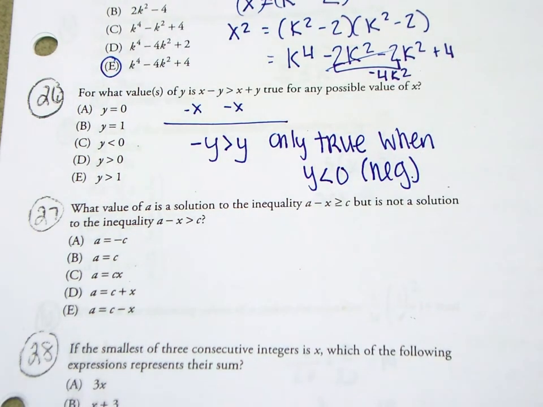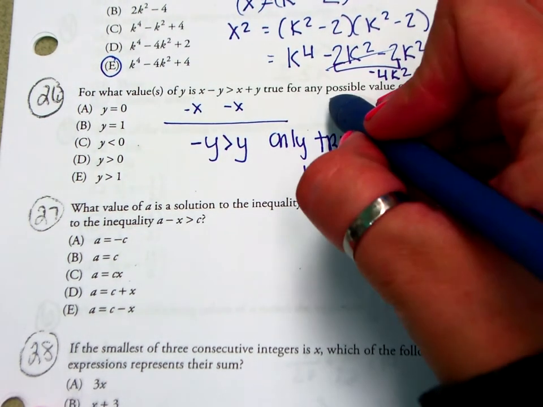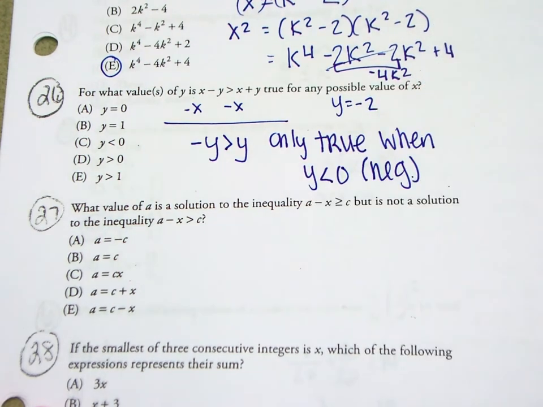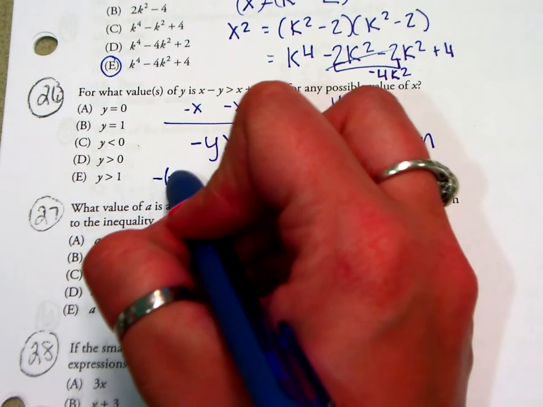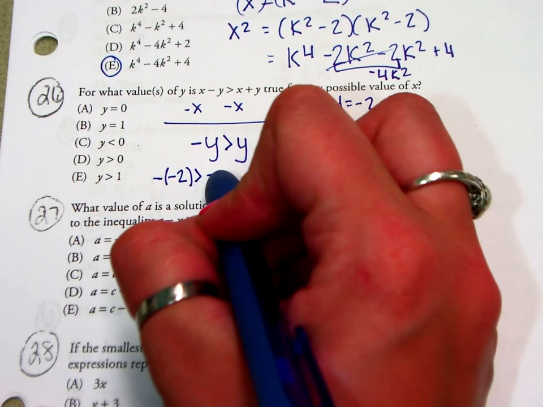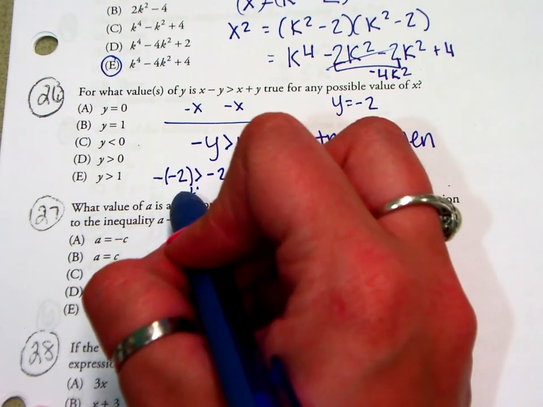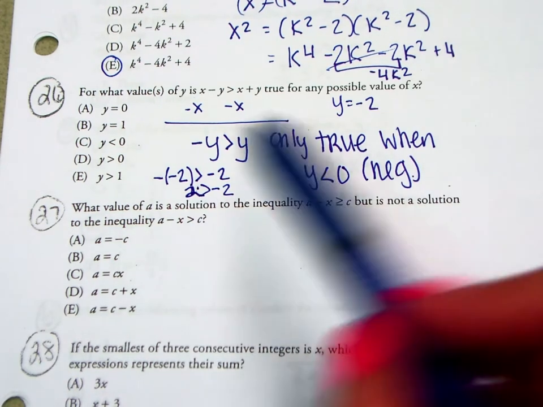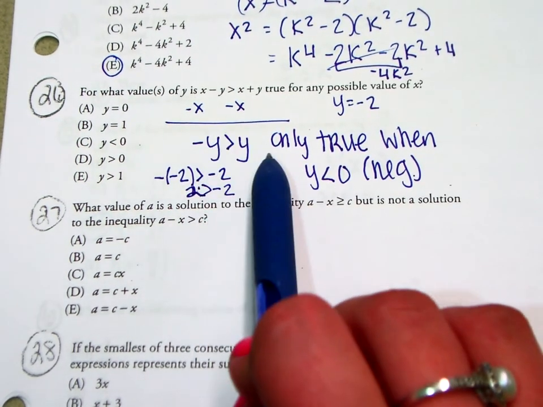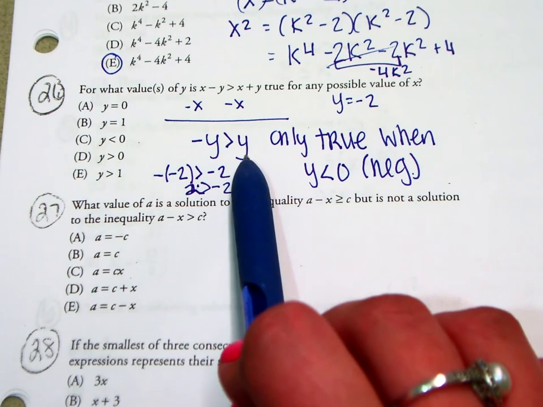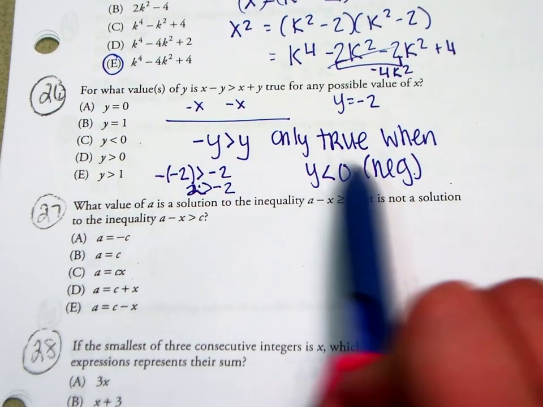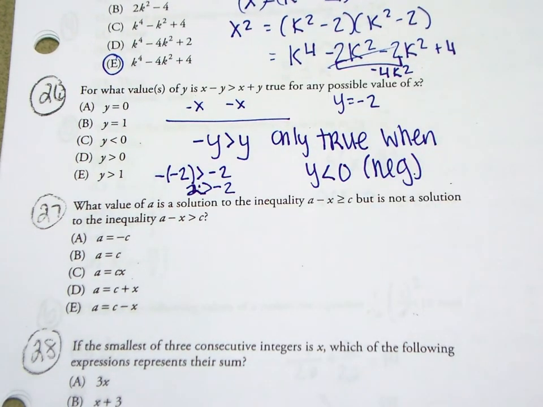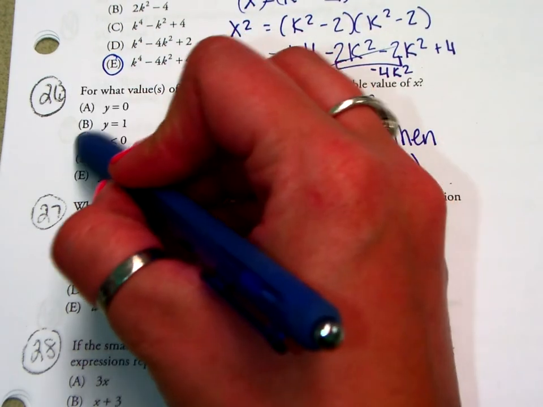Let's say that y is negative 2. Negative of negative 2, which is positive 2, is greater than negative 2. So the only way for me to have a negative here and it be positive is whenever I plug in a negative, because the double negative will make it positive. Option C.